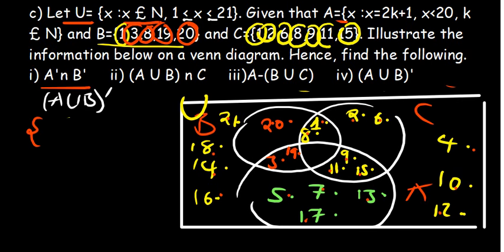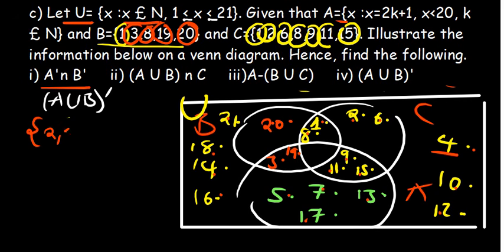So for our first part, the solution is going to be: we have 2, 6 that are only in C, and everything else outside. So if I include what is outside, from 2 we'll move to the 4 there.